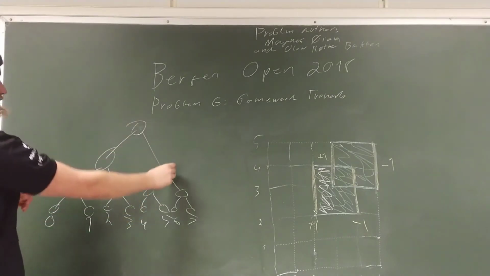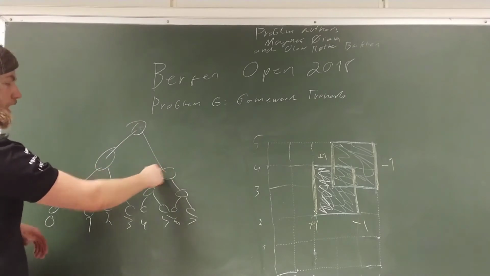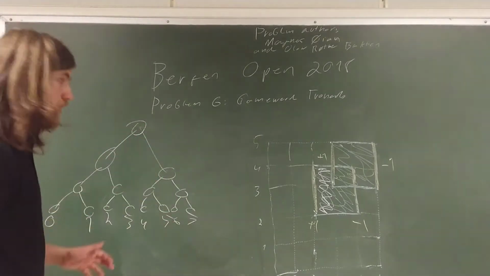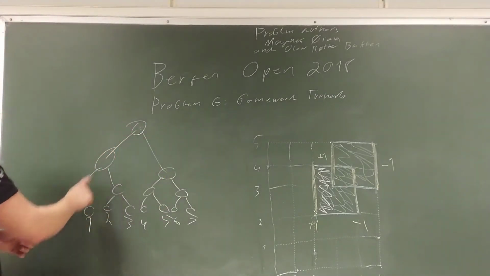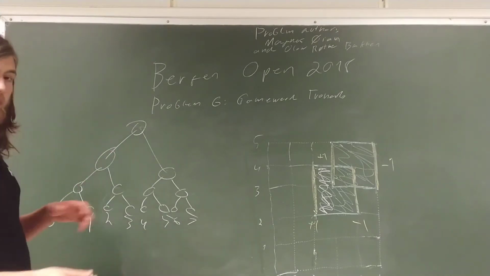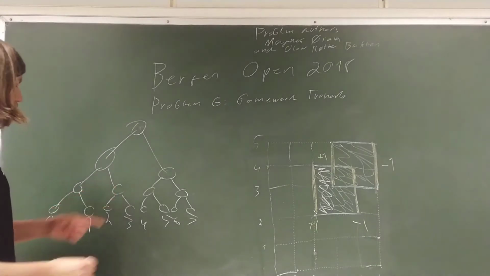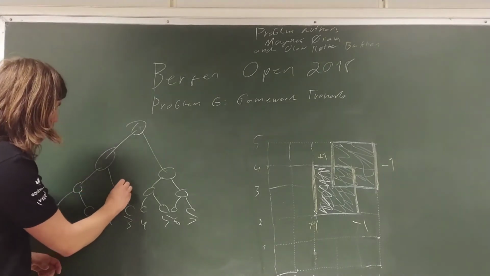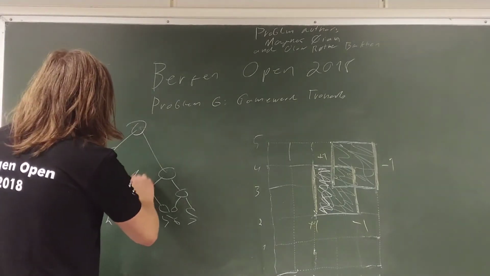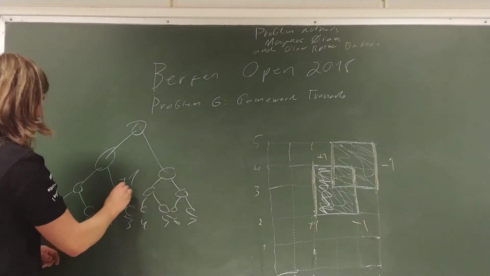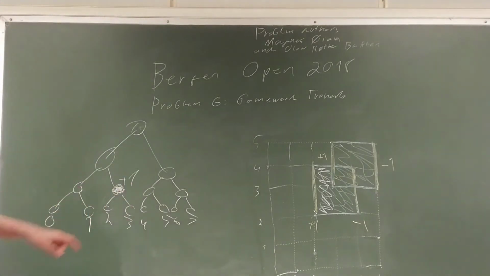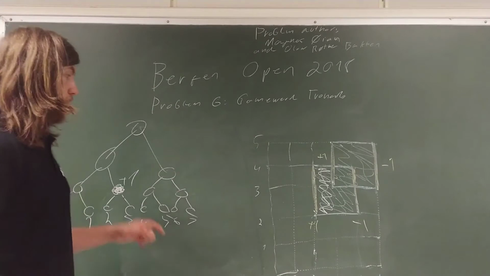If we move down here, then it's entirely outside of the segment, so it's uninteresting. But if we move down here, it's still partially contained. Here it's totally outside, but here is actually the whole segment. So we add +1 to this node here, since it is the first node which is entirely contained within the segment.